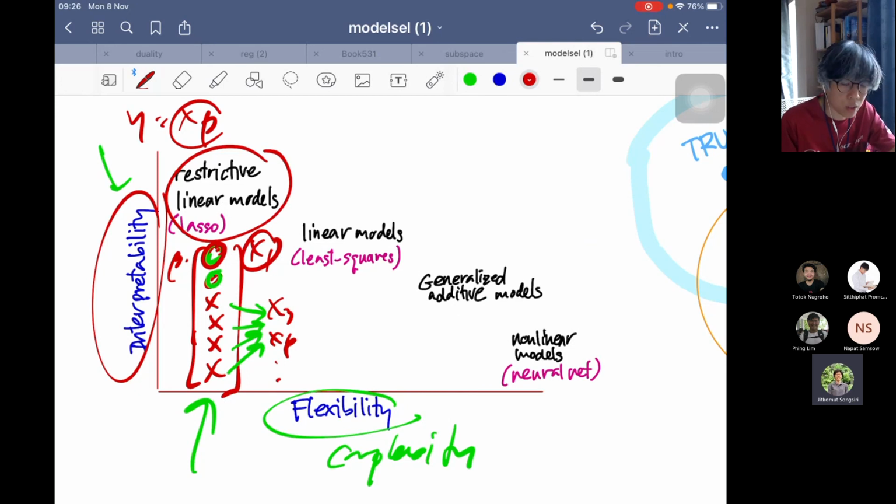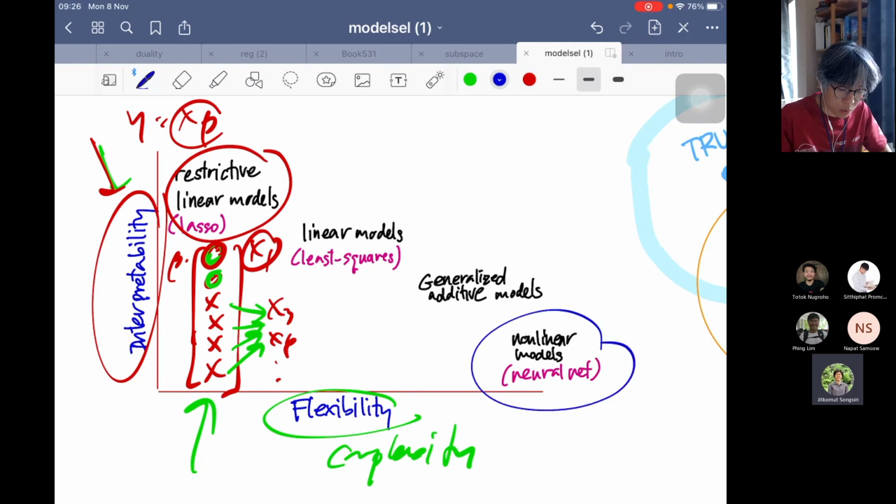All right, so this is an example. The lasso solution has less flexibility, but its solution can explain some meaningful information about your model. High interpretability.